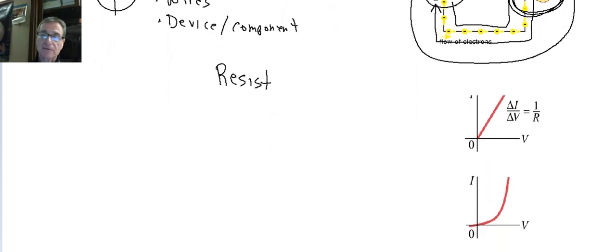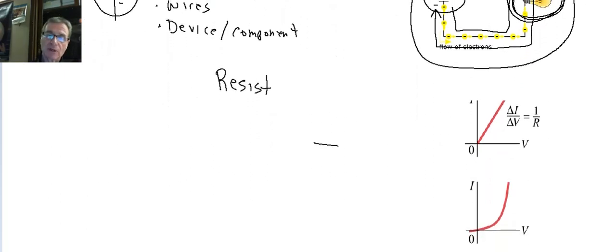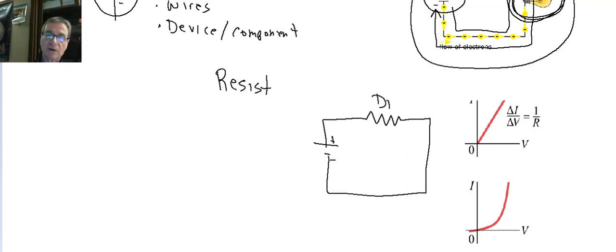In a circuit like the one I'm going to redraw over here, we have our battery. We have a device, right? Positive and negative parts of the battery. This is our device over here, and I have given it a slightly different symbol. This symbol over here is the symbol for resistance, right? It's just a squiggly line.